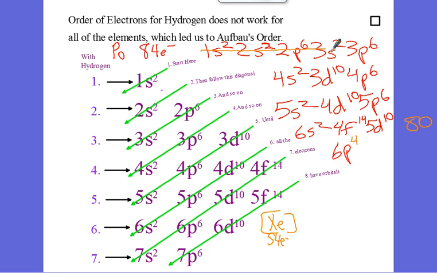which would be these that I just crossed through. So you don't have to write down 1s2, 2s2, 2p6, 3s2, 3p6, 4s2, 3d10, 4p6, 5s2, 4d10, 5p6. You don't have to write that down. You can jump to 6s2.